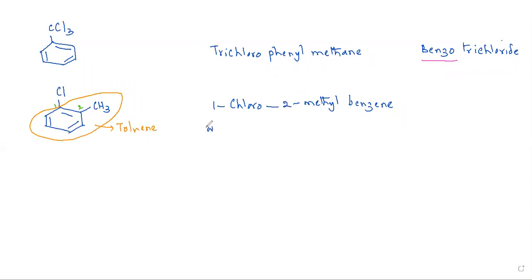So we can also call this. Now you have to start from the carbon attached to the methyl group. I mean, numbering should be given from the carbon to which the methyl group is attached. So that will now become 2-chlorotoluene. That is an interesting point. Or you can say ortho-chlorotoluene. Methyl benzene is toluene. Okay.